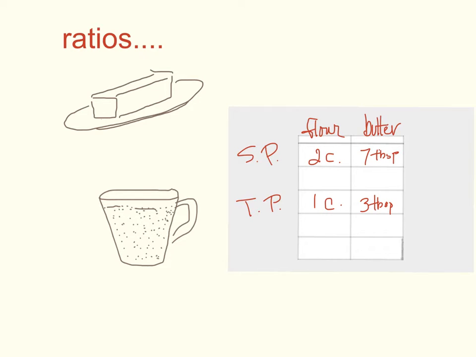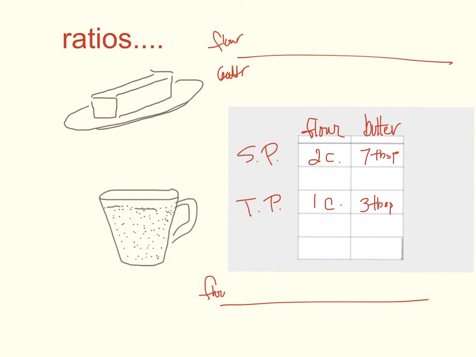We'll just draw one really quickly up here, and we could put flour up here and butter down here. And we could look at the ratio there. But in this case, I actually have to do this twice because I've got 2 different recipes.